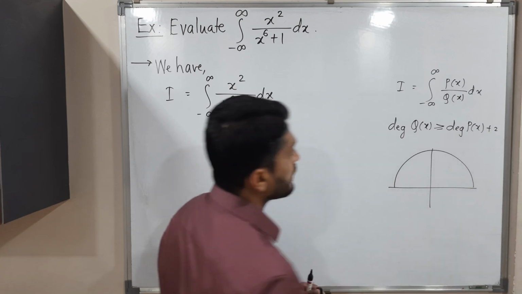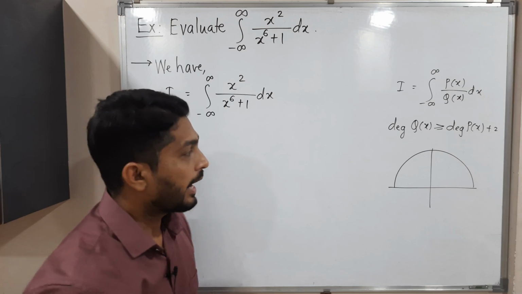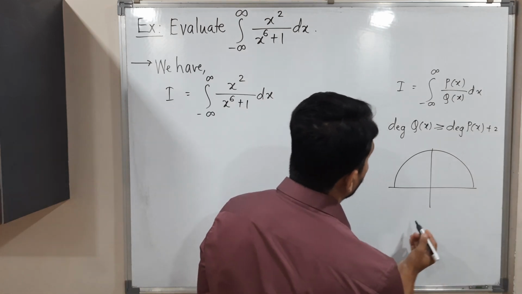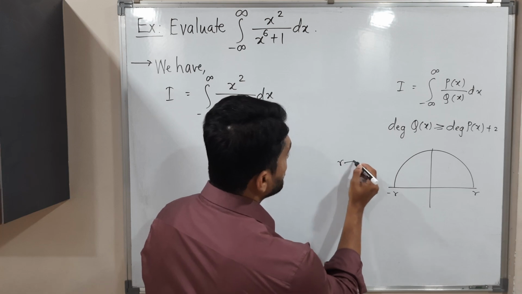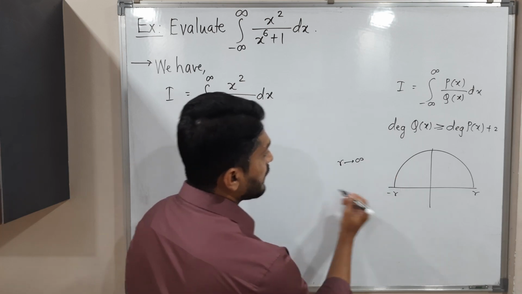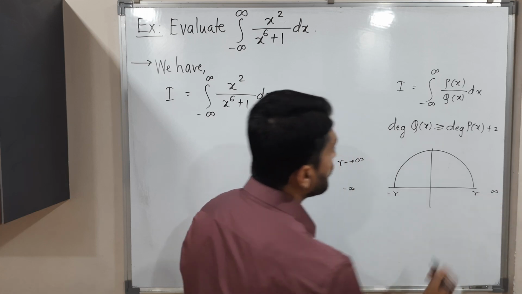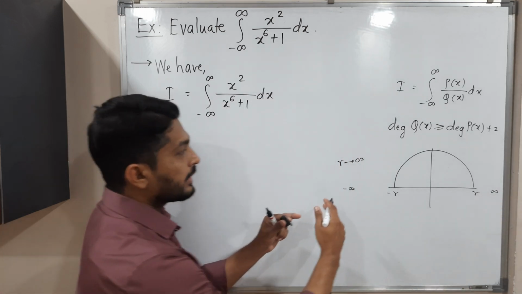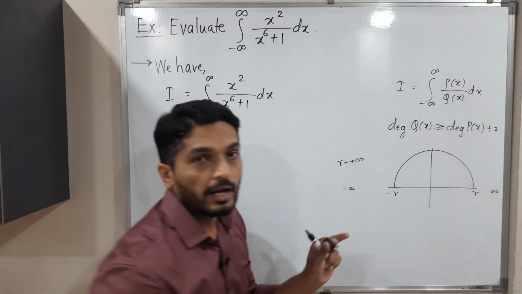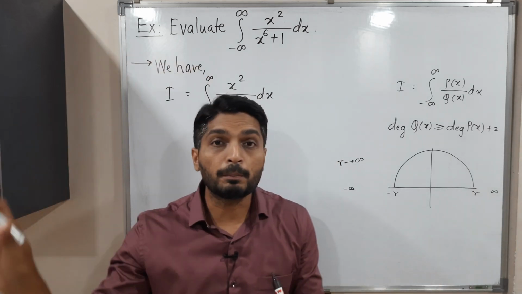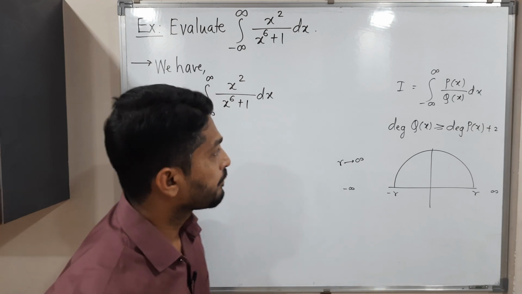Here we consider a semicircle in the upper half plane with the diameter along the real axis from minus R to R. Then we let R tend to infinity, that means it will go to minus infinity on one side and infinity on the other. So we get a large semicircle. That means it will expand like this and cover the entire upper half plane. So this is the logic behind it.